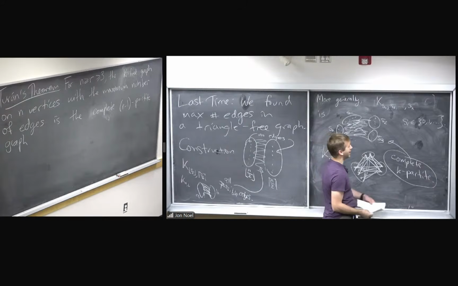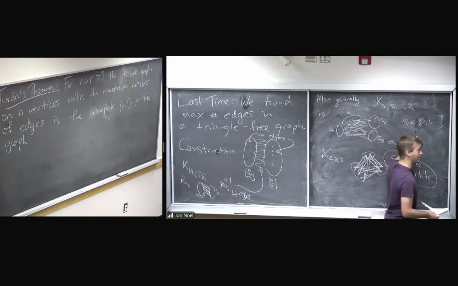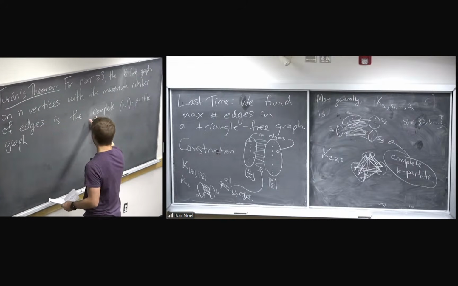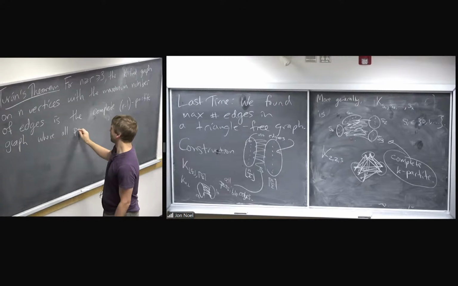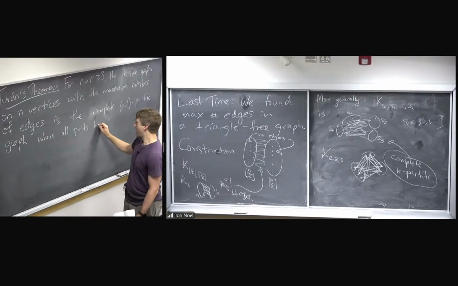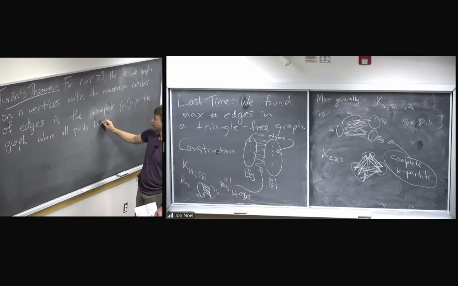Well, okay, I kind of feel like I don't want to have the parts having size 0 anymore, but let's not worry about that. Okay, the complete r minus 1 partite graph where all parts have cardinality, or size, either the floor of n over r minus 1 or the ceiling of n over r minus 1.